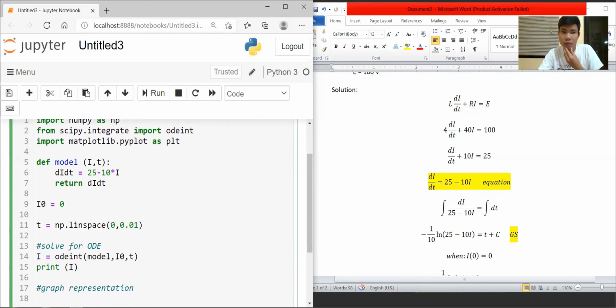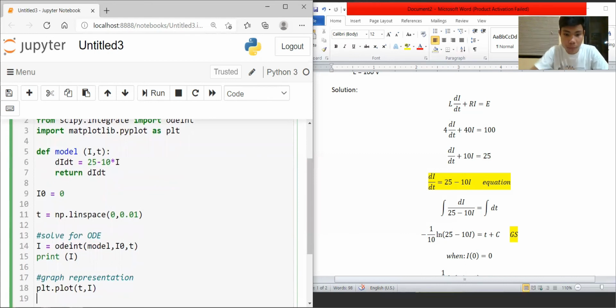I-represent natin dito yung changes in current with respect to time. So, matplotlib plt dot, then our label.